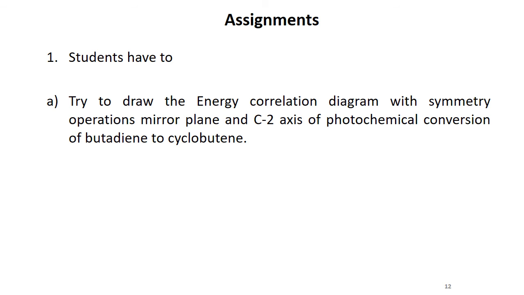So you have to make a similar diagram, but with the HOMO. Now the HOMO is psi 3 or pi 3 of butadiene. You have to see whether the conversions, counterrotatory or disrotatory rotations or modes, are possible for this electrocyclization reaction or not.